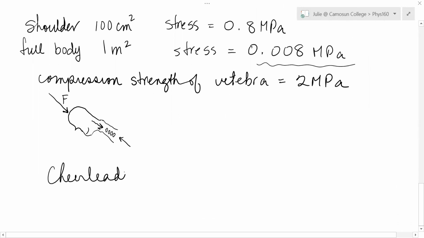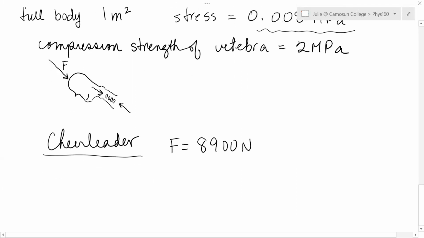So what kind of stresses is her body undergoing by having a force of 8,900 newtons? So she lands on her back. So I sort of estimated that area of her back to be 0.5 meter by 0.5 meter. So that would be 0.25 square meters. So this would be for her back.